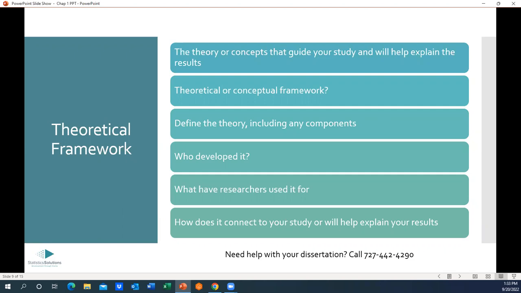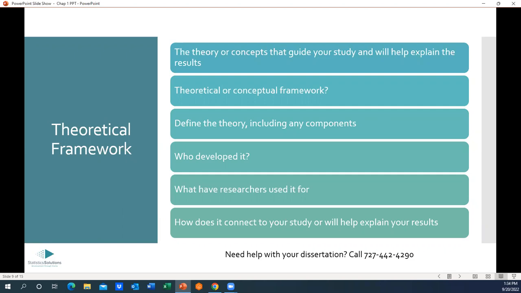And I take a real practical approach to the framework section. There are articles that you can read that will go into all kinds of details and in depth about these, but I kind of stick with this: qualitative studies are more associated with conceptual frameworks, theoretical frameworks are more associated with quantitative studies.